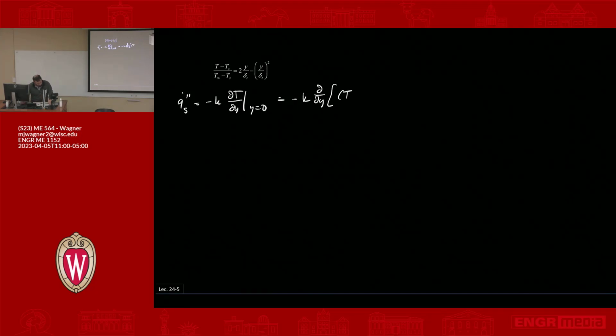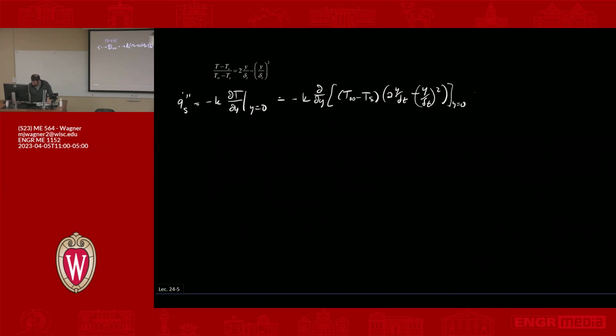So that's T infinity minus Ts times 2y over delta t minus y over delta t squared, evaluated at y equals 0.